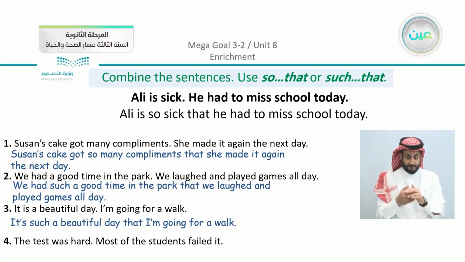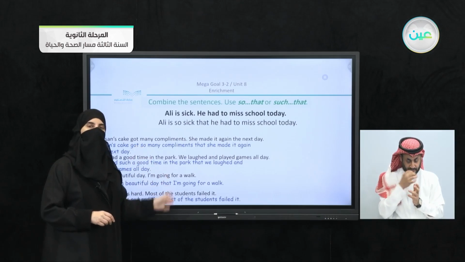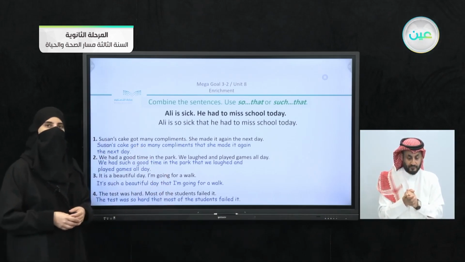The test was hard. Most of the students failed it. So let's just make sure again. We have here the test was hard, an adjective. Most of the students failed it. So we are going to connect the sentences. The test was so hard that most of the students failed it. Now we can see that we applied the exercises here exactly the way that we studied in our lesson.